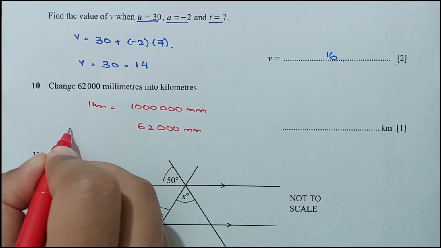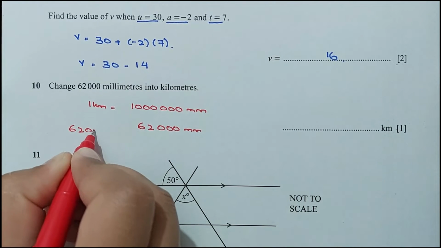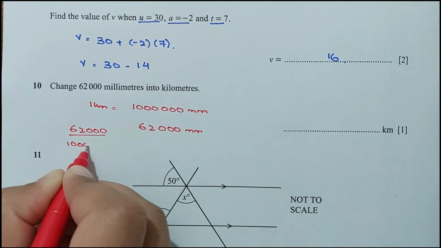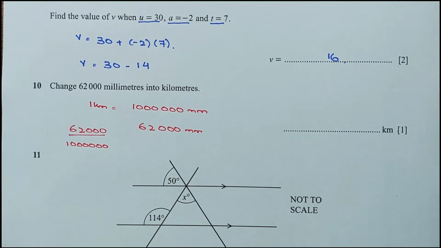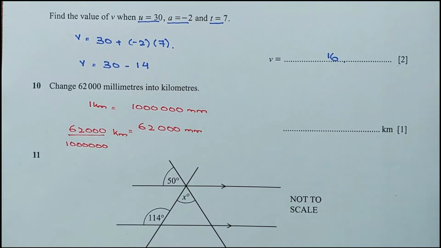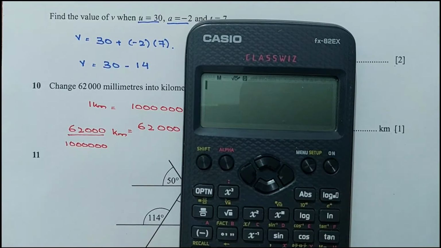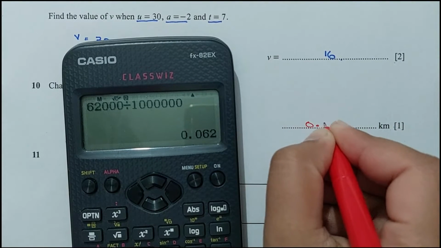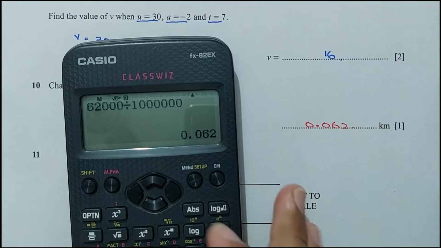So we take 62,000 divided by 1 followed by 6 zeros, and you will get the answer in kilometers. 62,000 divided by 1,000,000 is 0.062 kilometers. 0.062, right?